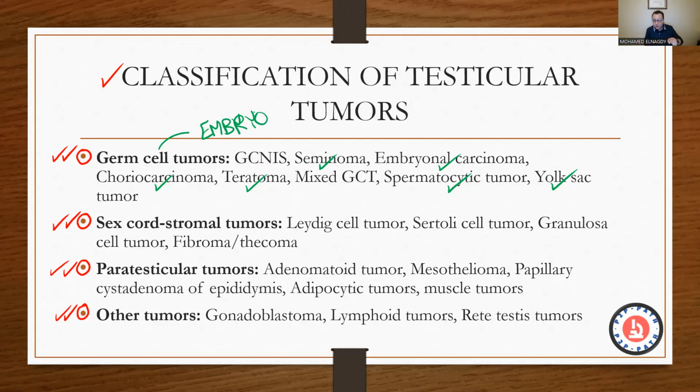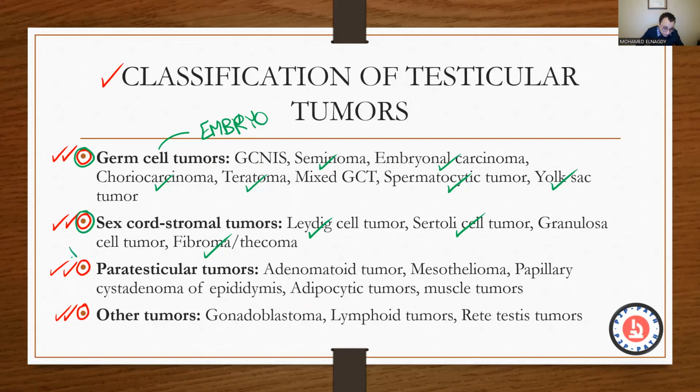And the sex cord or stromal tumor comes from the stroma components that we were talking about earlier, which include Leydig cells, so Leydig cell tumor, and Sertoli cells, so Sertoli cell tumor. Almost you got most of them. And then there's some fibrous tissue component, so we can also call fibroma, for example, fibrothecoma. There is also granulosa cell tumor, which, by the way, is a common entity between testicular cancers and ovarian cancers.